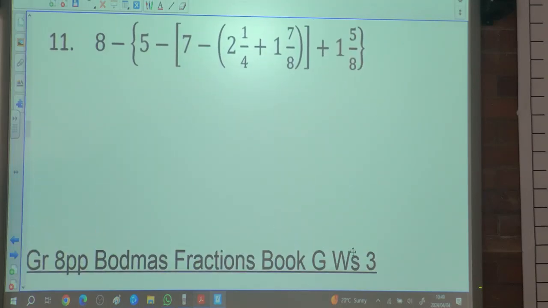Number 11. You got 8 minus, you got the squiggly bracket, 5 minus, you got the block bracket, 7 minus, curve bracket. You got 2 and 1/4 plus 1 and 7 over 8, close the curve, close the block, plus 1 and 5 over 8, then close the squiggly bracket. Where do I start here? The innermost bracket.